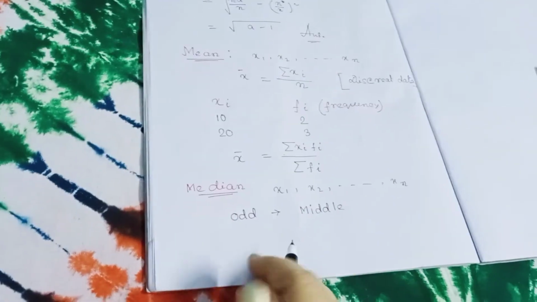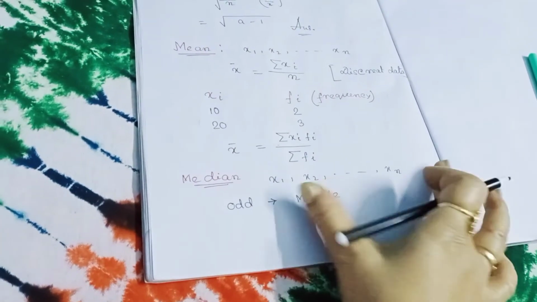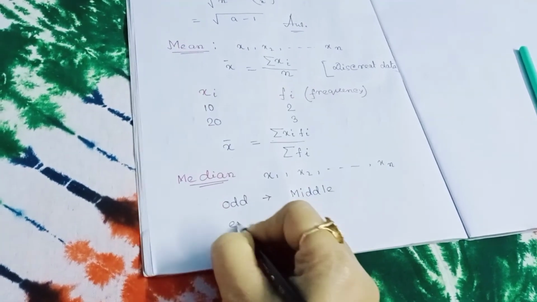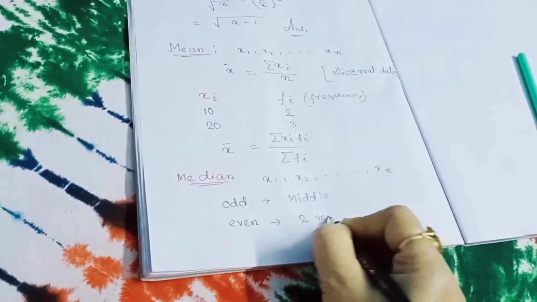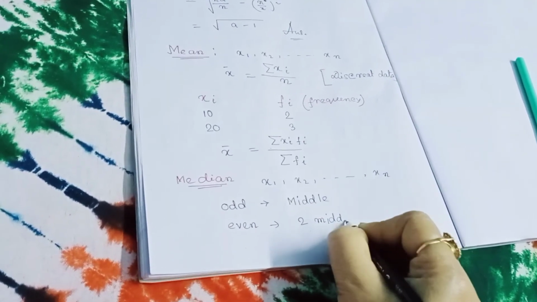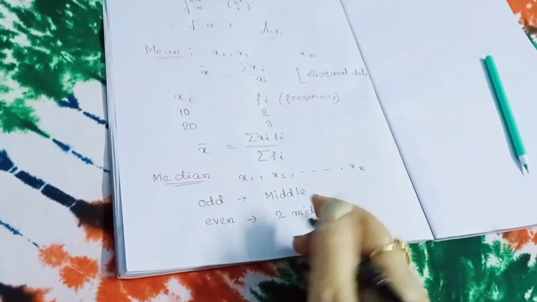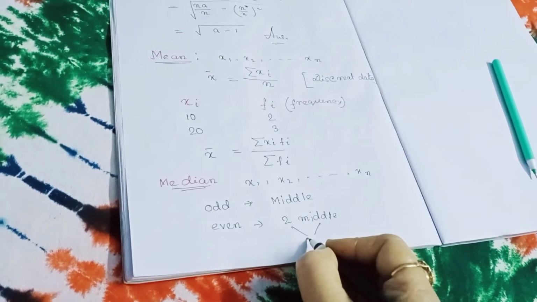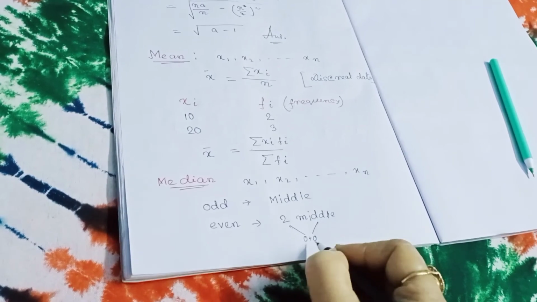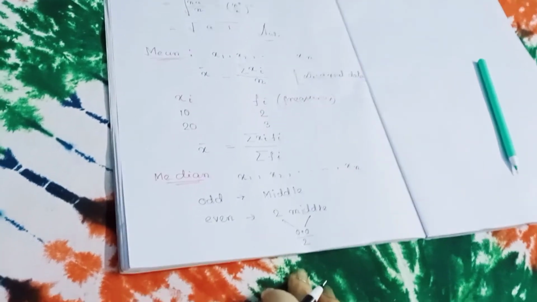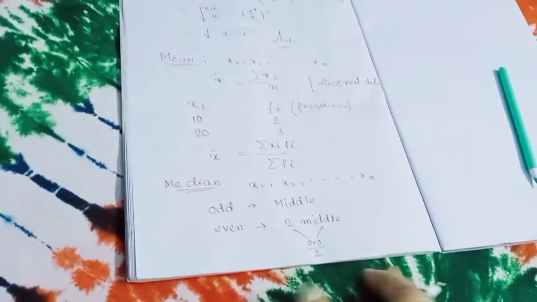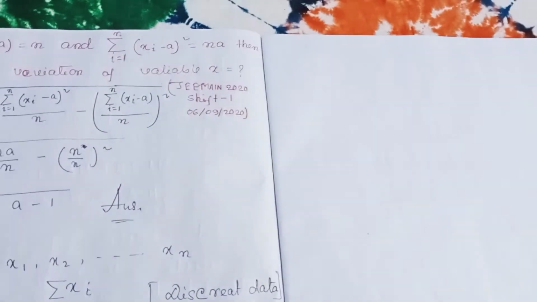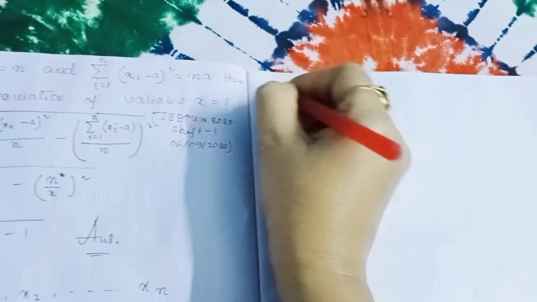But when the series contains an even number of terms, then we get two middle terms. We add these two terms and divide by two, then we get the median. Is it clear, everybody? Now move on to mode. What is mode?